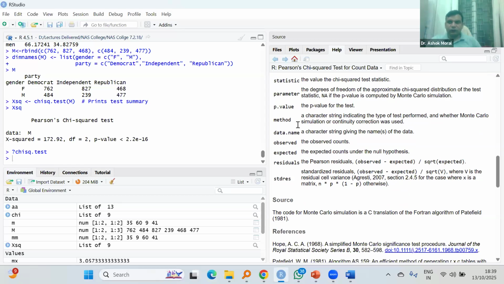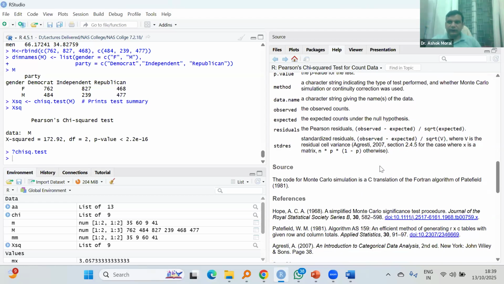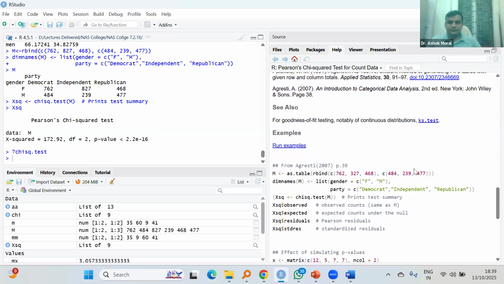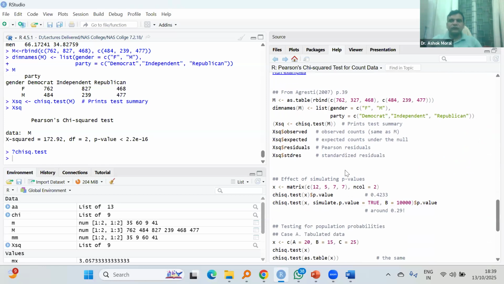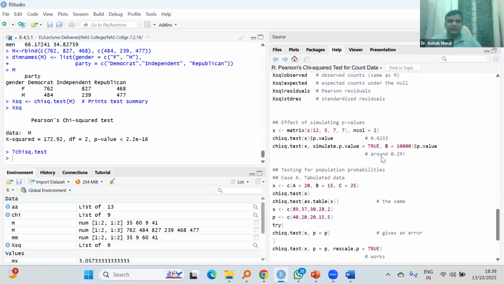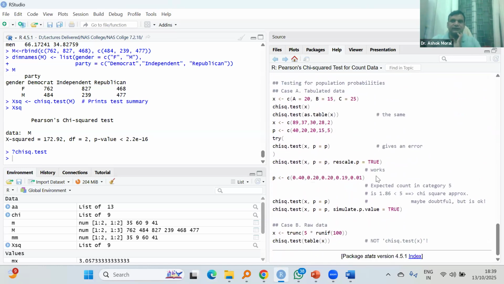They have given how to calculate the residuals, how to extract all the values. So I have considered this example from here only. इस तरीके से आप consider कर सकते हैं. इतने सारे examples आपको दिए.